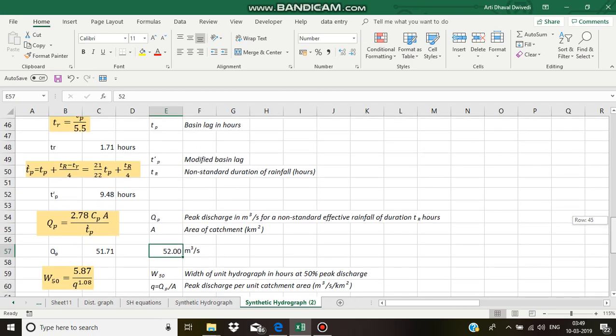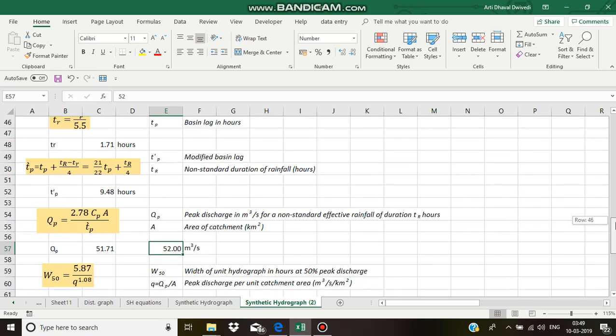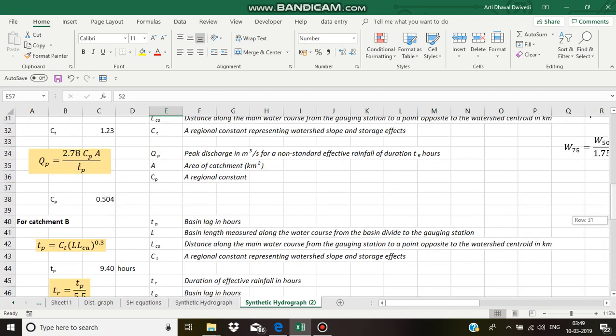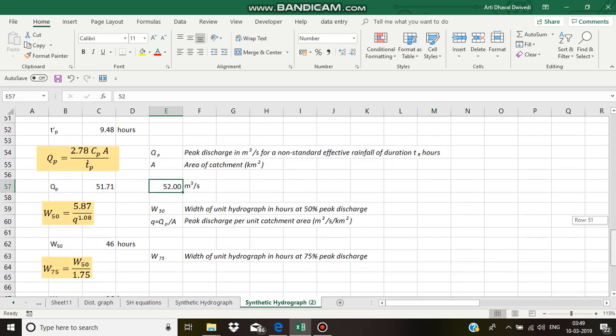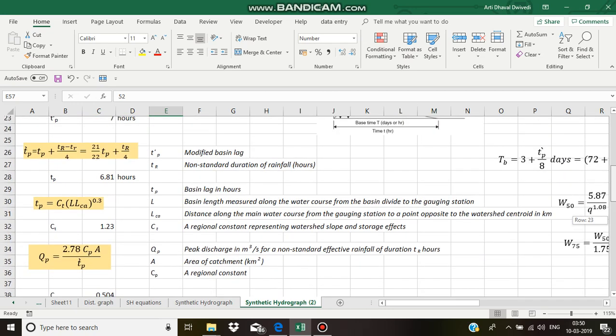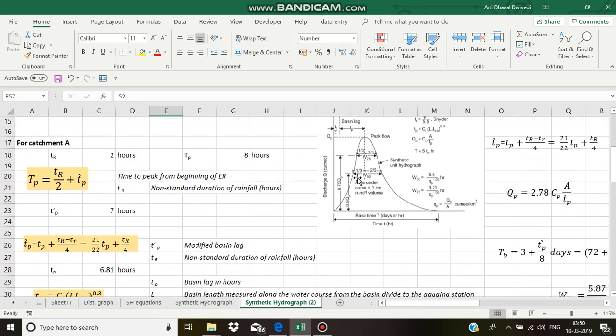So the value of peak discharge for catchment B using Snyder's equations was found to be 52 meter cube per second. Now W50. W50 is the width of unit hydrograph in hours at 50% peak discharge. Here it is. This is W50 and this is W75. QP is already obtained. TP is also obtained.